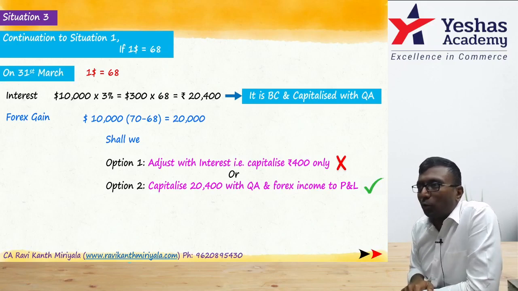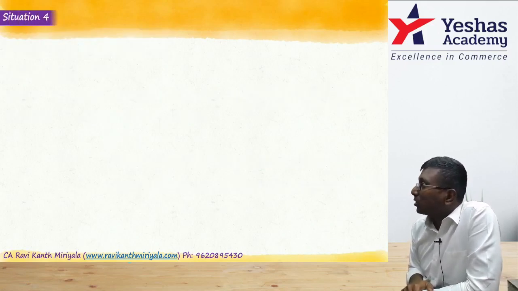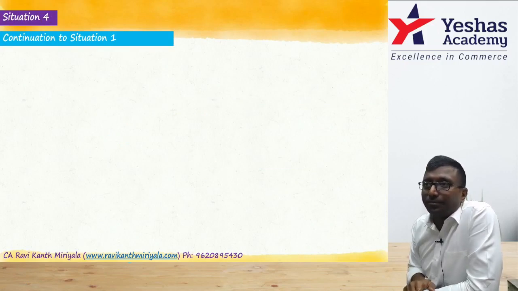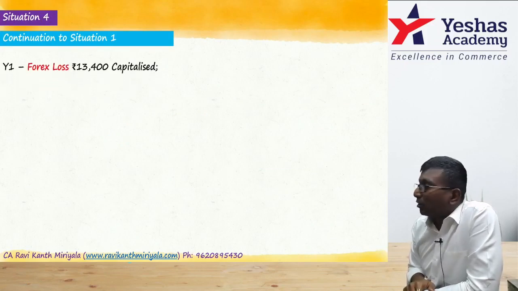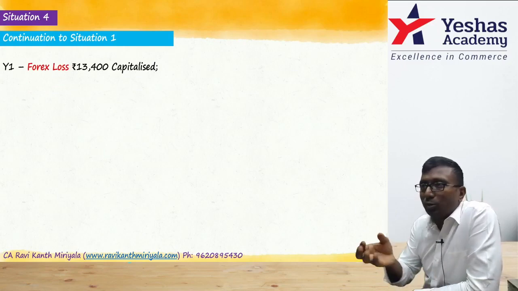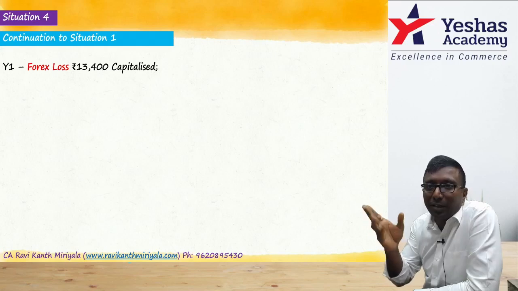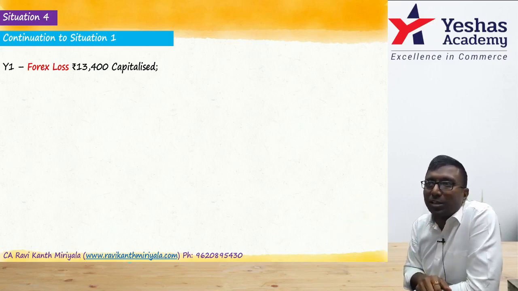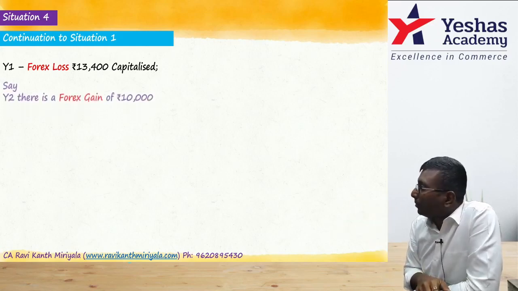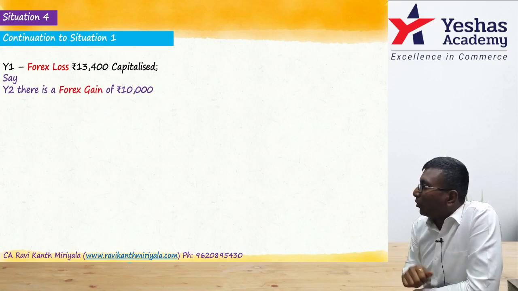Right. One more question. Situation number 4 also I told you. Situation number 4, ye dekho, continuation to situation number 1. Situation number 1 is Y1. You capitalize 13,400 rupees. You saw just now. 20,000 में 13,400, 6,600 ऐसा कुछ किया. Not good. But Y2 में what happened?